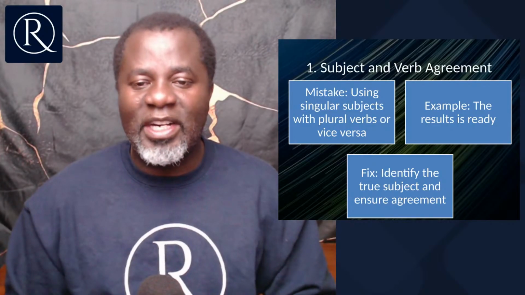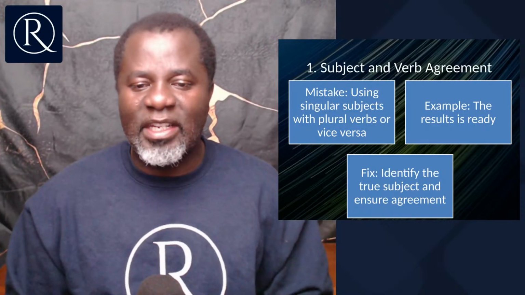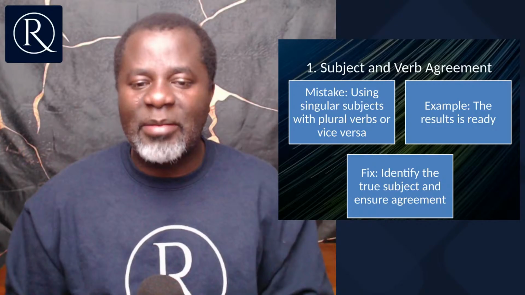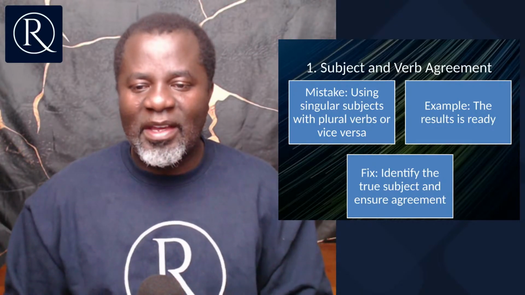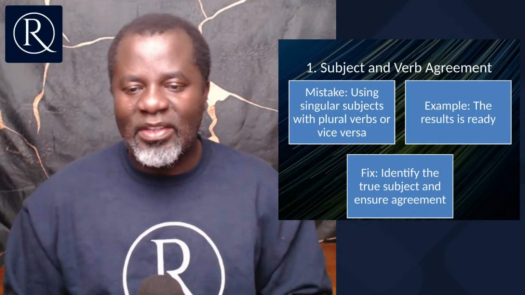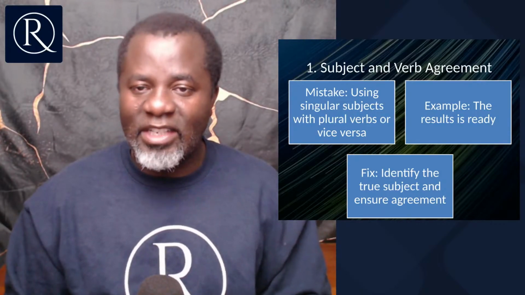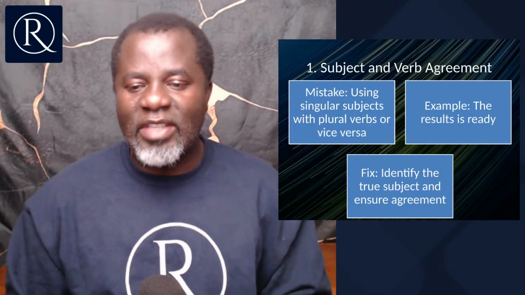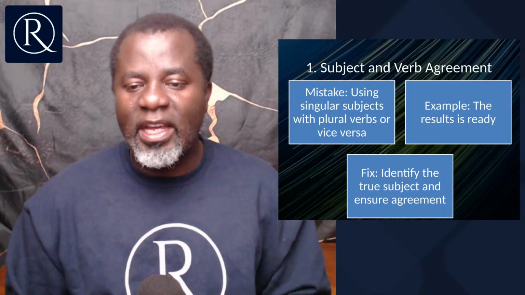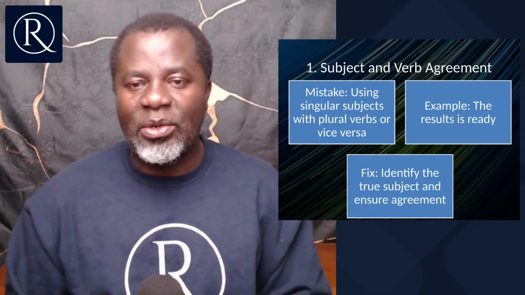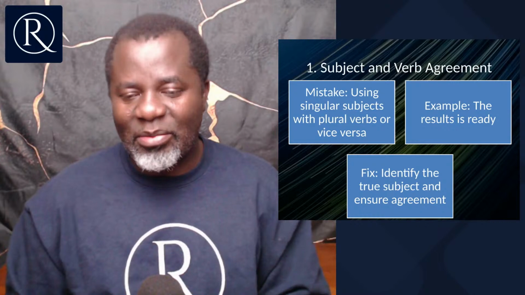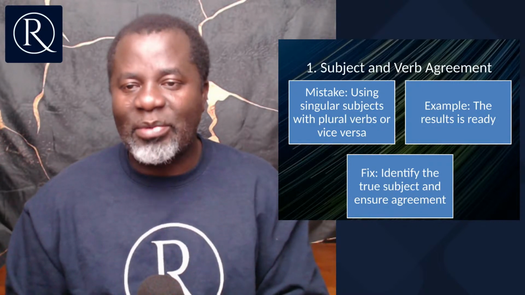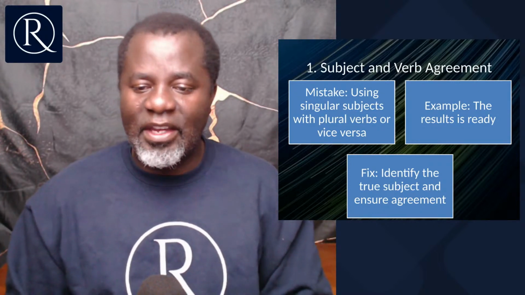The mistake usually with subject and verb agreement is using singular subjects with plural verbs or vice versa. Let me give you an example. The results is ready. The results is ready. You can see that results is a plural noun. Is is a singular verb. So you need to use a singular verb with a singular noun or pronoun, as it should be.